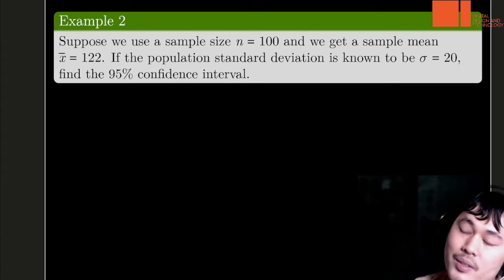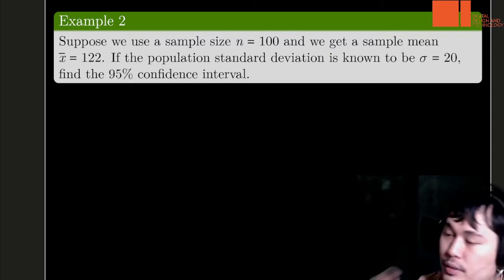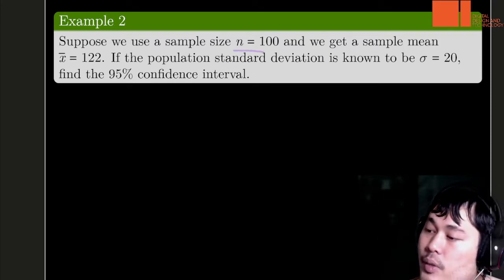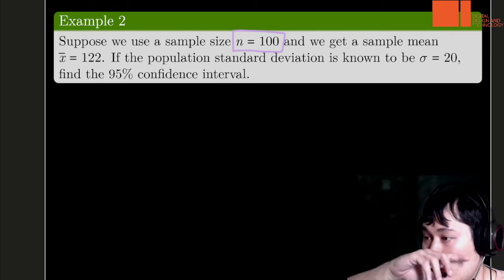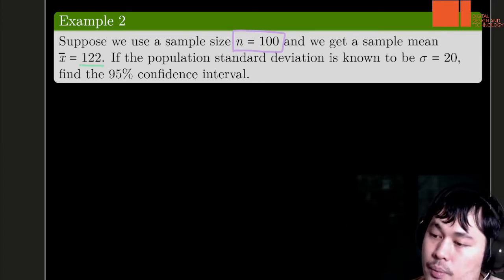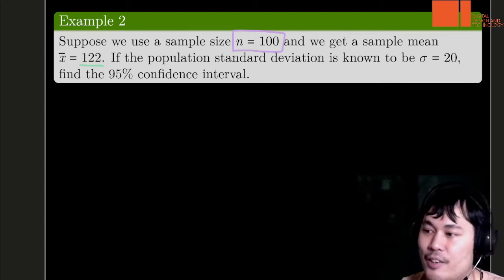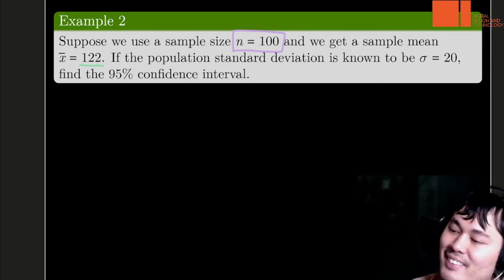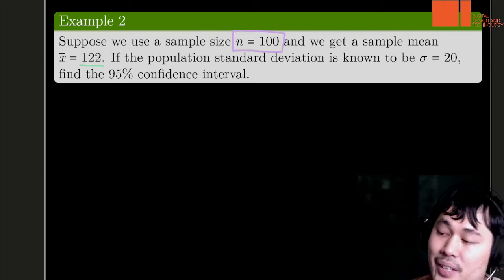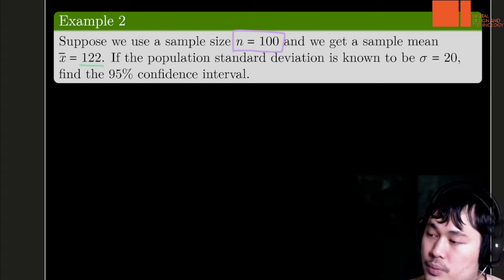So in the actual problem, you are given these values. Suppose you use a sample size n equals 100. So you pick 100 kids at random, say the heights of kids in high school or grade school, and the average is 122.